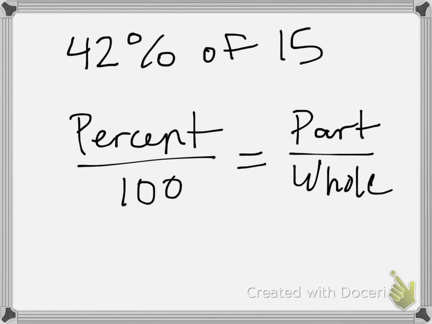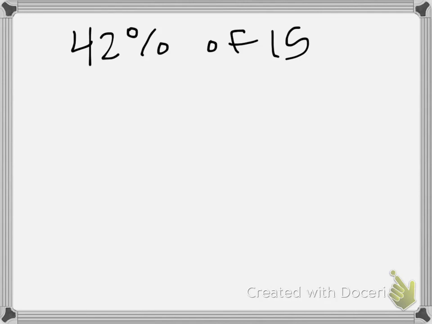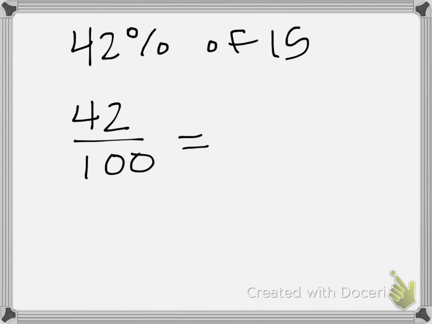Alright, so I'm going to go to a new page. If we remember that our problem is 42% of 15, the percent on the left side is going to be 42 out of 100. It's going to be equal to, if we think about it, it's hard to understand if it's the part or the whole. And so the easiest way I have found to explain it is if it's of something, so like of 15, that typically means that it's going to be the whole.